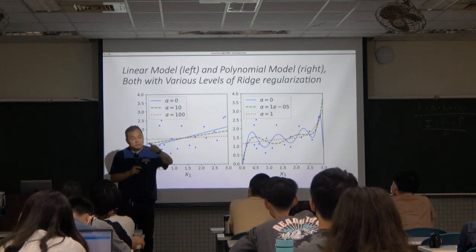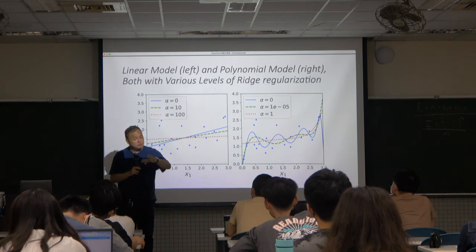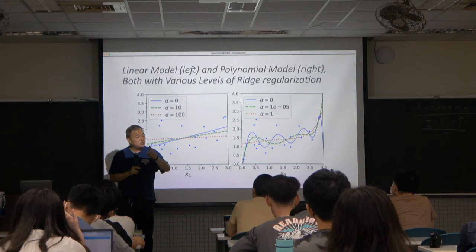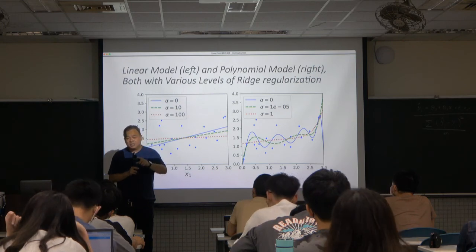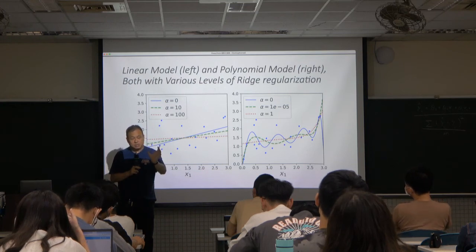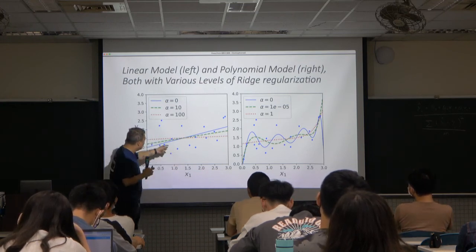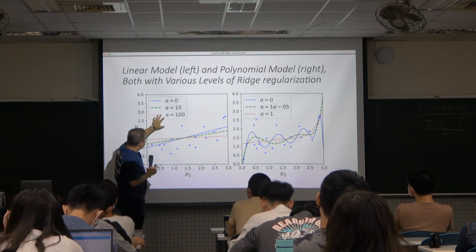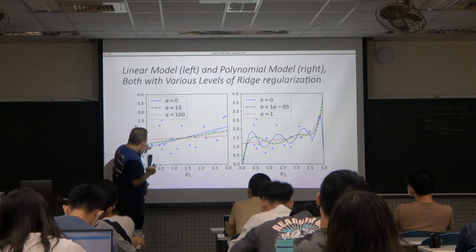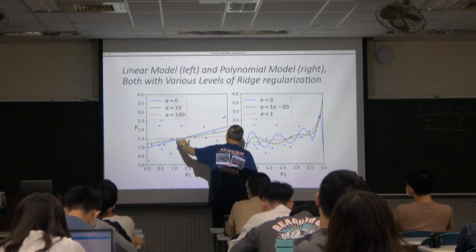The slope close to 0 means what? Remember, the slope is theta 1, the coefficient of x1, which is the slope basically. So when alpha is large, it will gradually reduce that theta to be closer and closer to 0.